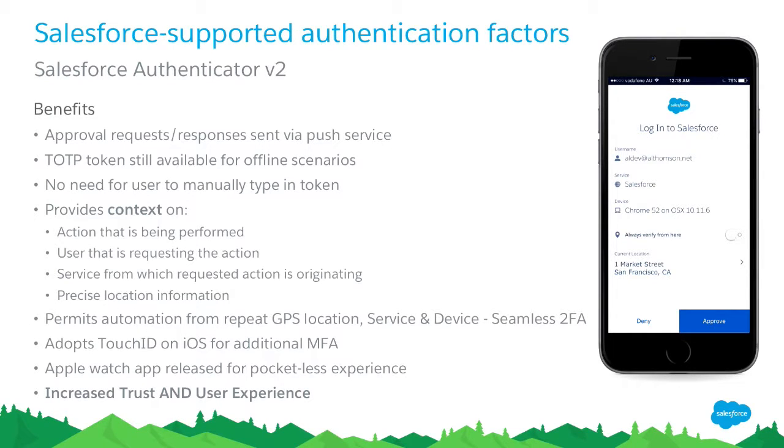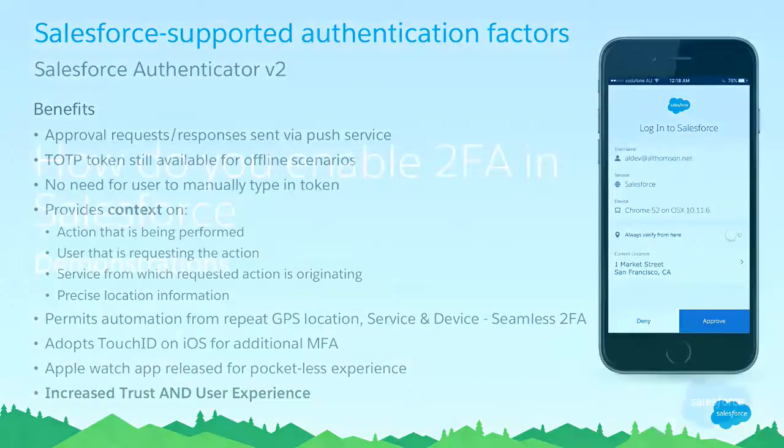They're seamlessly authenticated because their phone is with them, at the location where they usually would be with their phone, so it hasn't been stolen. That is admin configurable, i.e. you can prevent users from doing that if you want to make sure it requires an active response. It's really a choice for your org on whether you allow that. If you don't want it, you can disable it. We also adopt Touch ID, so you can consider that an additional factor of sorts, and that's required to use the app on iOS.